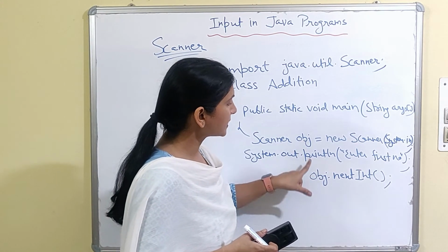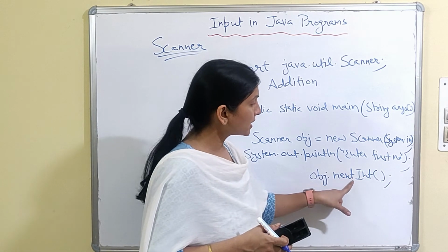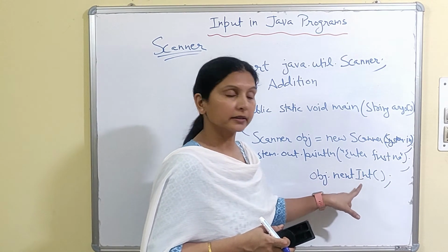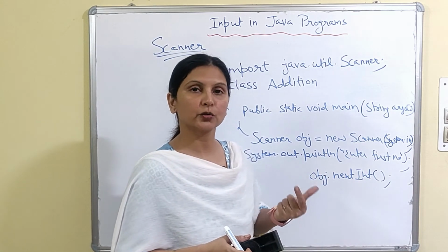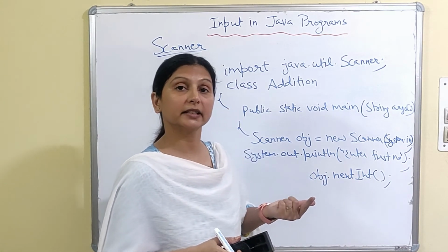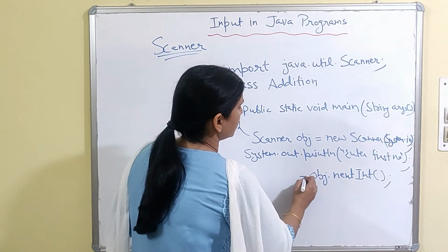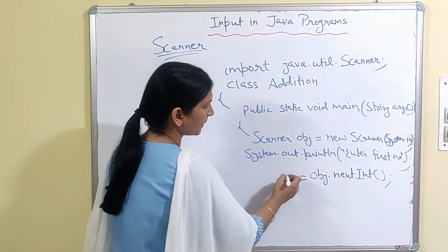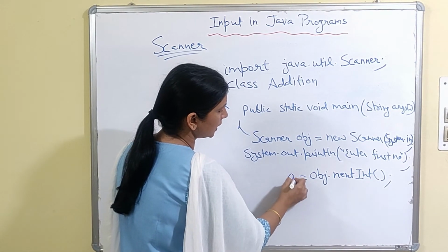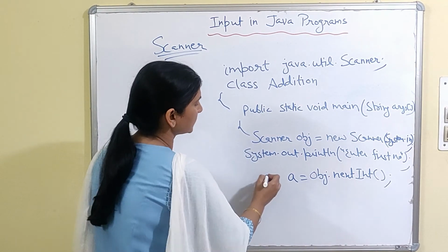So by using its object name we invoke the method, and this method will read the value which we enter during the execution of the program. This is an integer, so it will return an integer. We will assign it into a variable a, and a will be of int type.